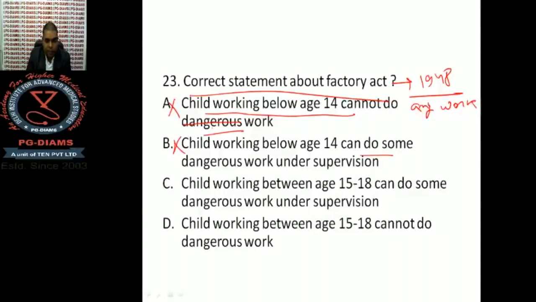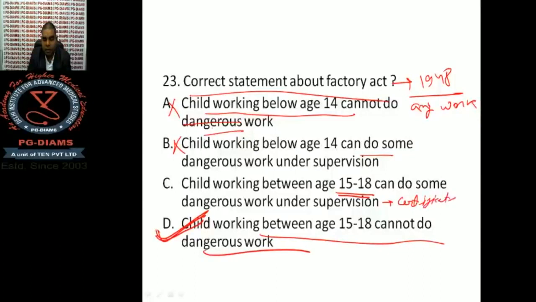Now, there is a provision that children between age 15 to 18 can work in a factory, but they cannot do dangerous work. The correct option is D. They can work, but they need a certificate from a surgeon, a certificate from a doctor, which says that they are fit to work.